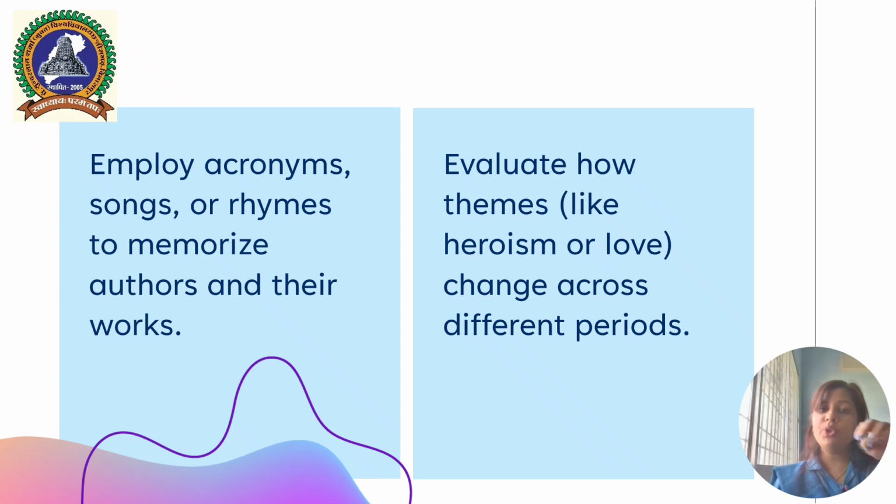Because as we know, literature is the mirror of society. In order to understand that particular age, we need to study the literature of that age, and we need to study and evaluate the themes of that particular age. Then we will know about the society and the historical and political background of that particular age.